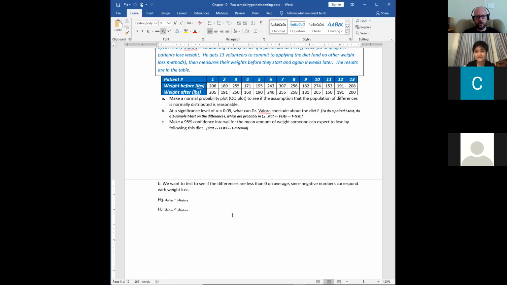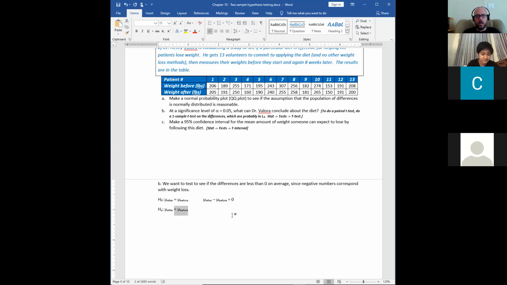And you can also write these like this if you want to. Before. So if I'm thinking mu after is equal to mu before, then when I subtract them, I would get 0.